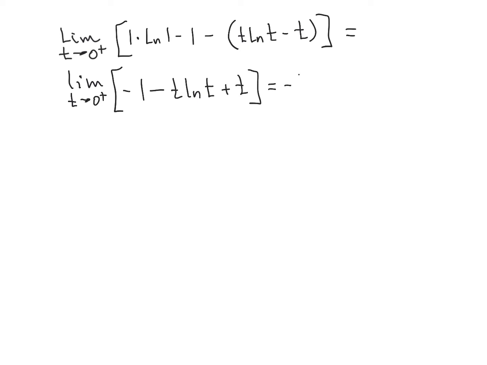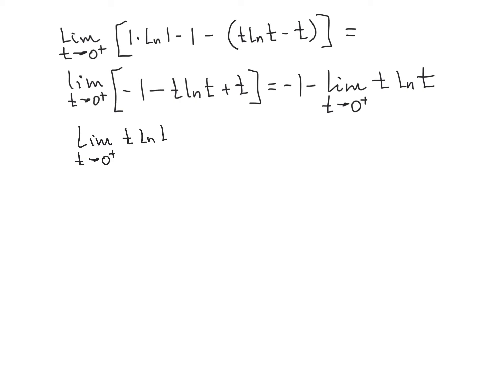As t approaches 0, t goes to 0, and minus 1 is unaffected. So all we have left is this limit, t ln t, which we don't know what it equals at first because it's an indeterminate form. The limit as t approaches 0 from the right of t natural log of t.